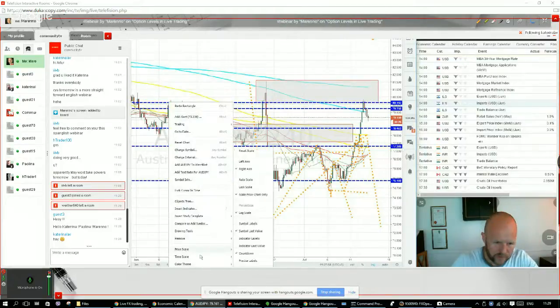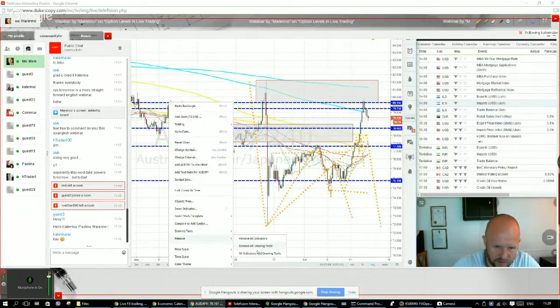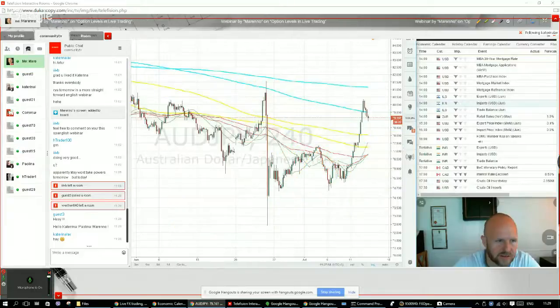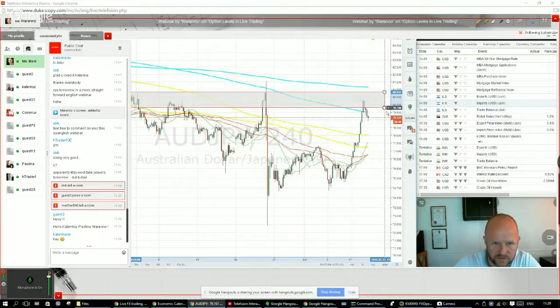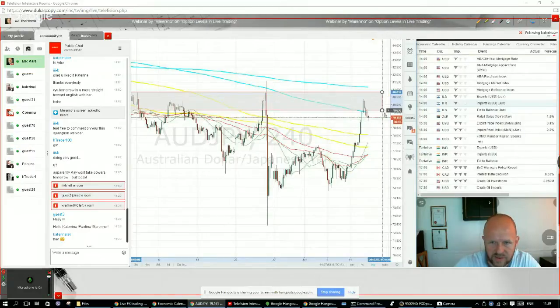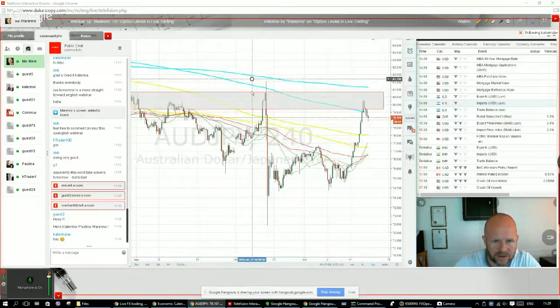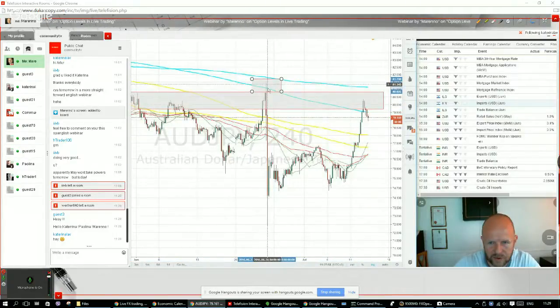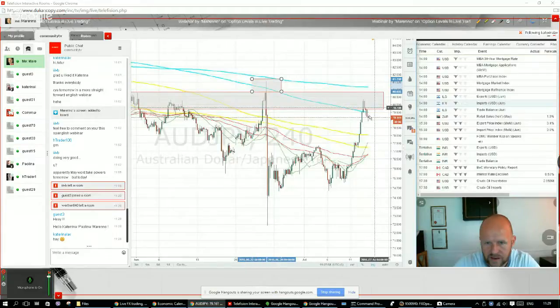Okay, let me remove all the drawing tools to make it a bit more clear and specific. So we do have a potential reversal area around this. We'll not draw a big rectangle here, but we must remember about this week also. So the area has been triggered already.